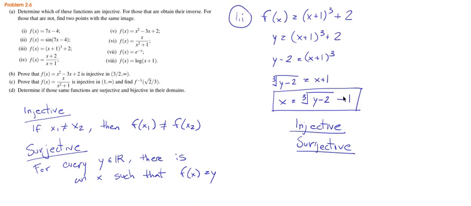This expression makes sense for every y, since there are cubic roots of negative numbers. So every number that you plug in here will have an outcome, and you will find an x for that y. So this is bijective. You see how this is going?